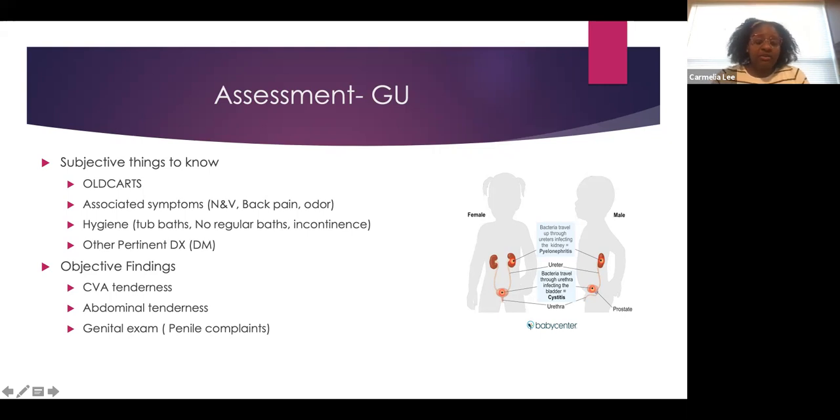The aggravating factor is the pain is initiated when you go to urinate. Relieving, when I drink more water, it feels better. And then, severity, they may say it's a 7 out of 10, or you may use the Wong-Baker faces. Whatever is appropriate for that developmental age would be what you would document. And that is an example for OLD CARTS as it pertains to a simple UTI complaint.